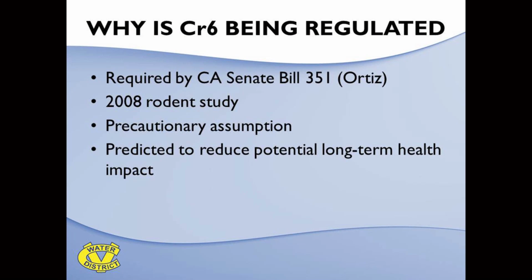Basically, the test showed that if you give the rodents massive amounts of chromium-6, you had an increased occurrence of tumors. So it is a carcinogen through ingestion based on that. They used a precautionary assumption that there is a linear correlation between rodents that consume massive amounts of chromium-6 and humans that consume small amounts.